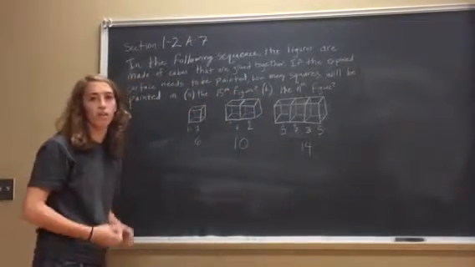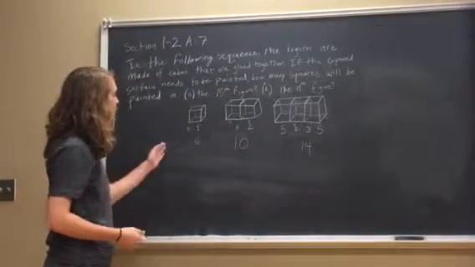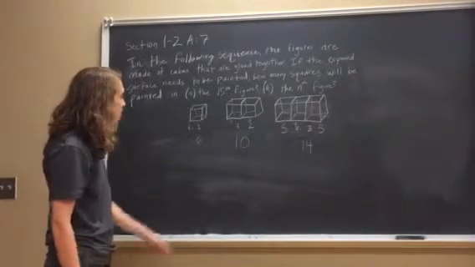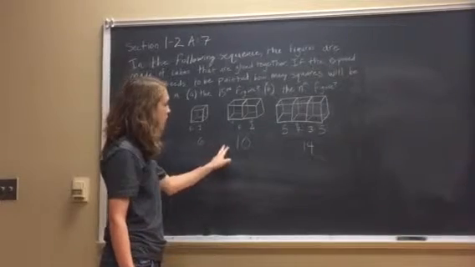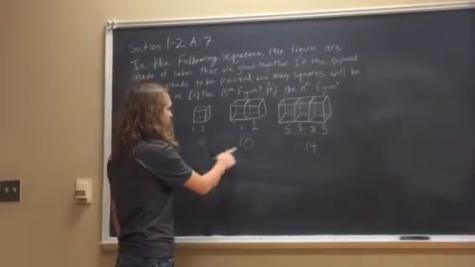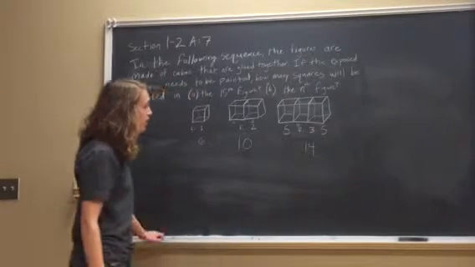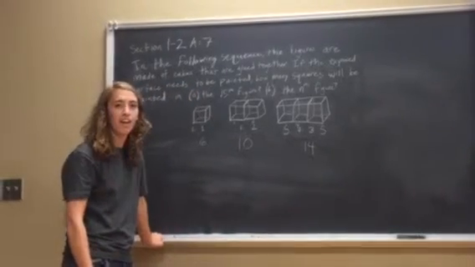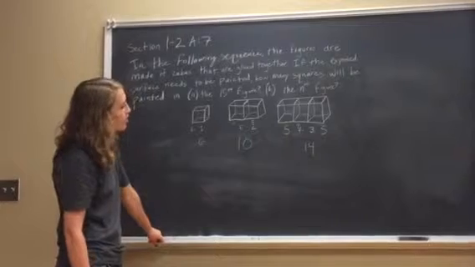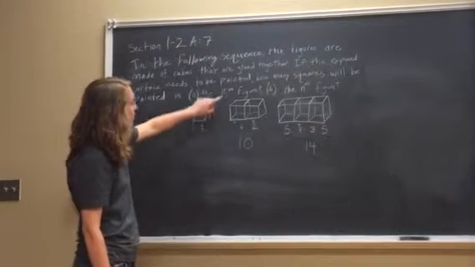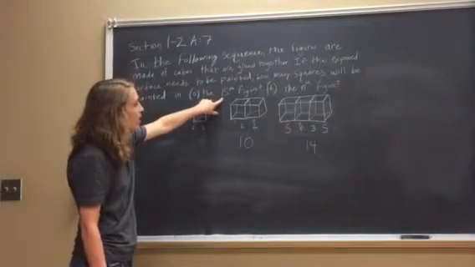So now we're just going to look for patterns from figure 1 to 2 and 2 to 3. If you notice, they're adding 4 each time. So from 6 to 10 we add 4, and from 10 to 14 we add 4. So we can identify an arithmetic sequence from that. And then we want to figure out the 15th figure.